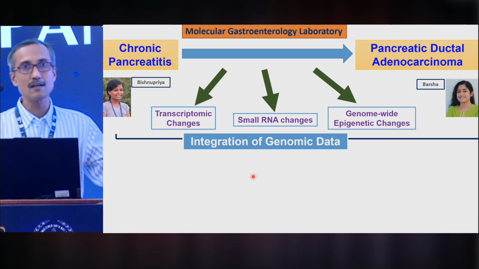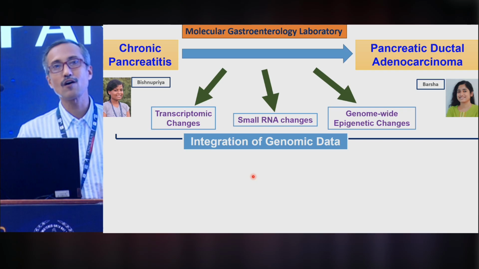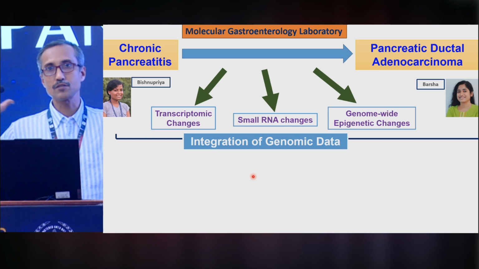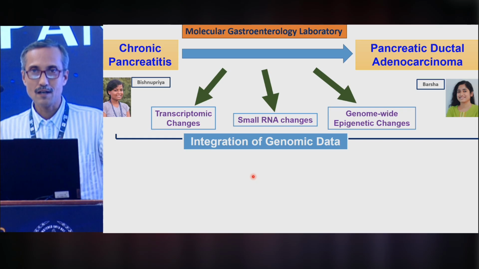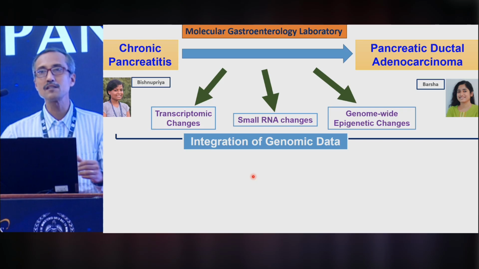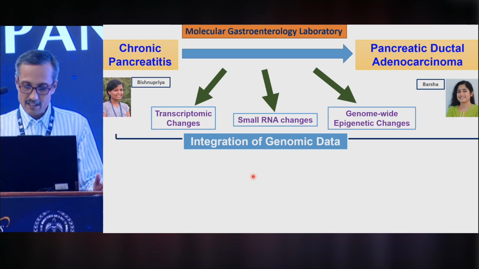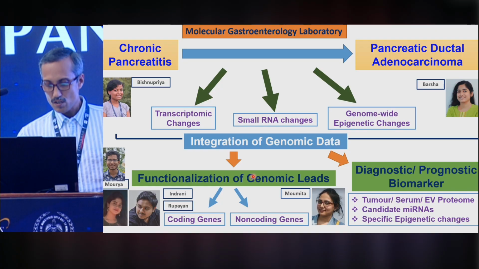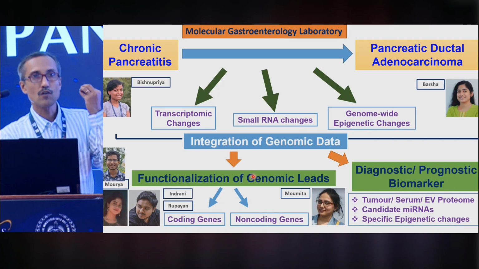And being an institute of biomedical genomics, we follow a reverse pyramid approach, trying to look at the global changes, then integrate those results and functionalize those leads so that you can have causation.